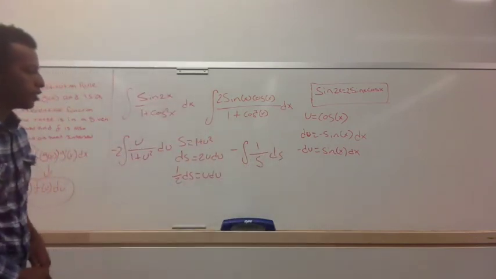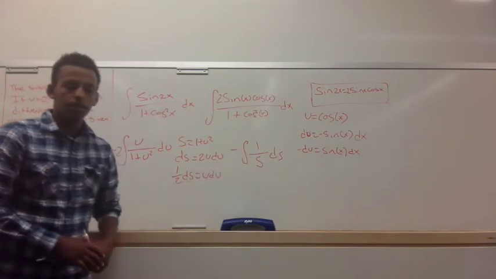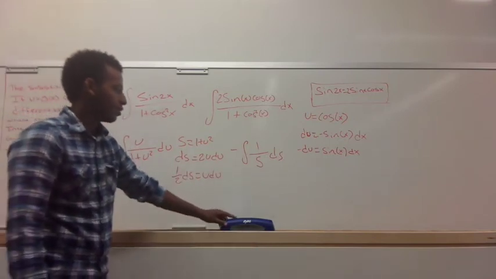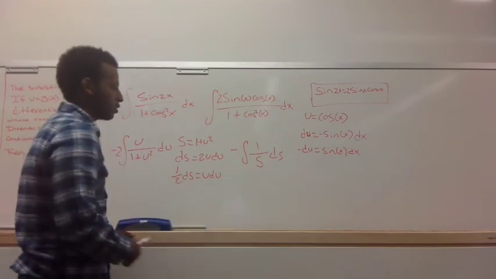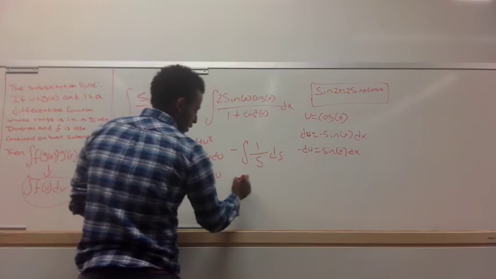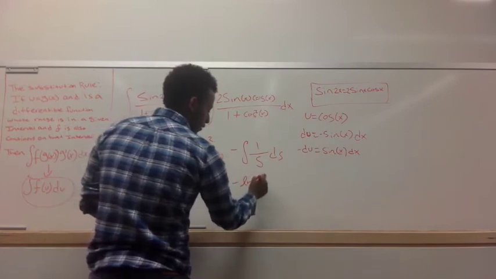From this point onwards, we can find the antiderivative fairly easily, which just becomes ln of s. So it becomes negative ln of s.